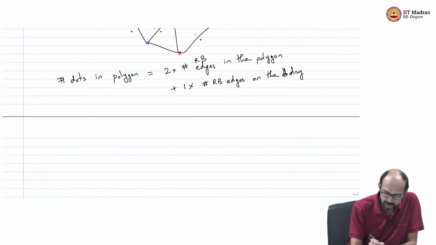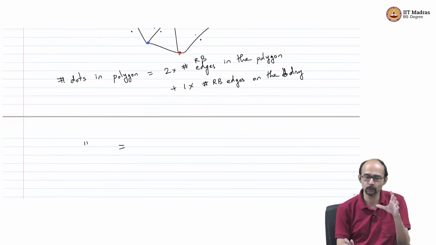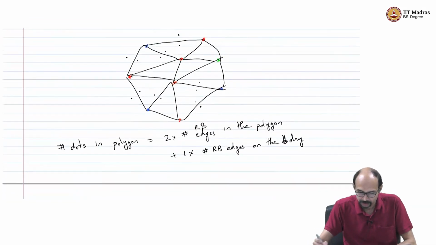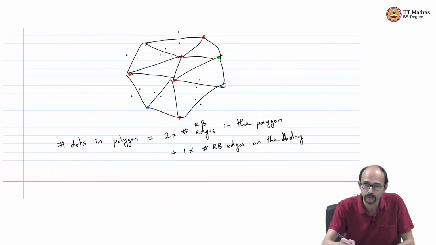On the other hand, I can also count the same number by looking at triangles. Based on each triangle, I'll try to count the number of dots. If you take a red, blue, green triangle, in this picture there's 1, and you can see there's 1 dot inside that triangle. On the other hand, triangles which have either 2 reds or 2 blues contribute 2 dots.